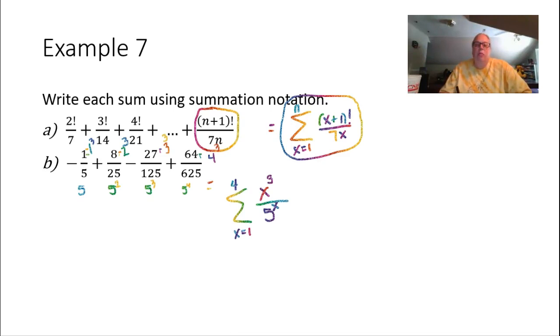And I need to do one more thing to this. I'm almost finished. Notice that my terms are alternating. I'm going from a negative to a positive, back to a negative, back to a positive. So this is actually going to have to be multiplied by -1. And we should put a power on it.